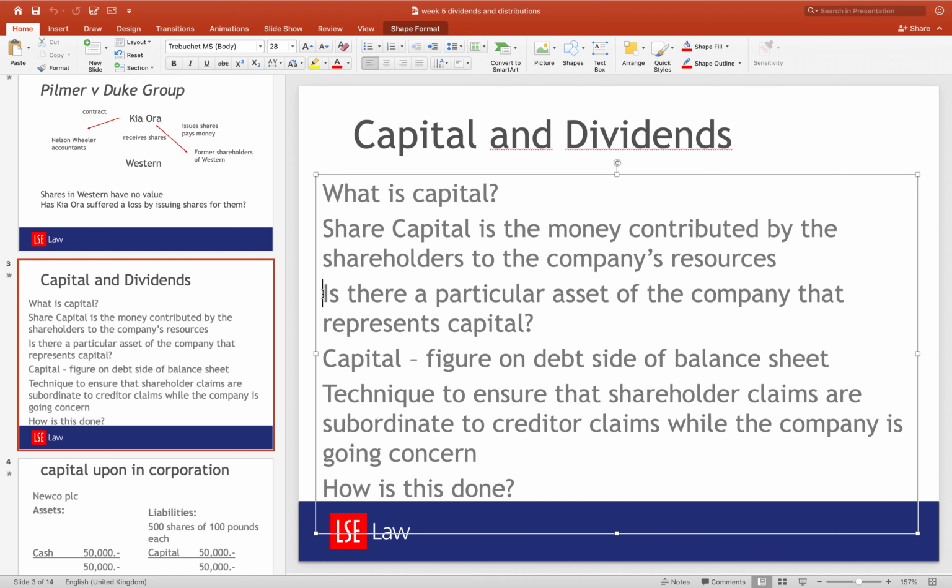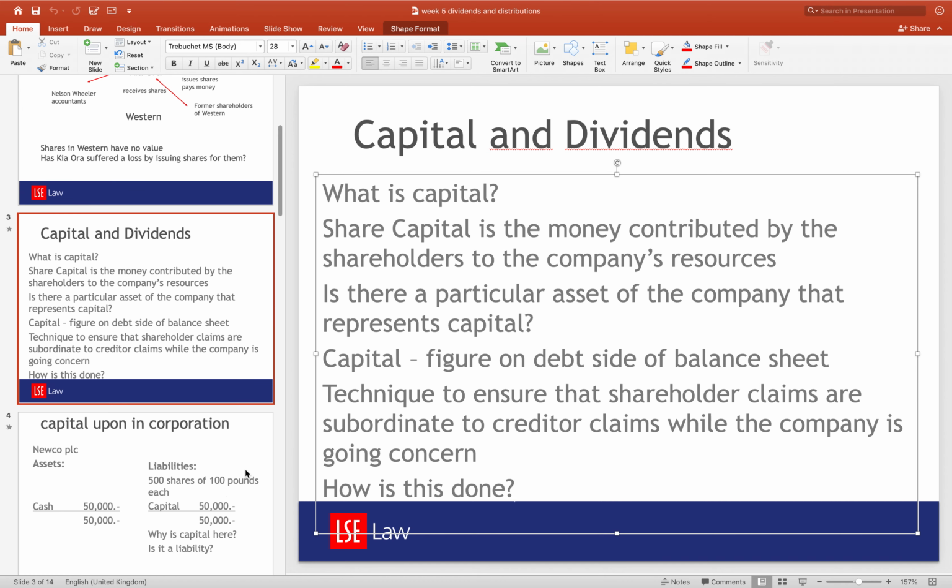It is therefore not an asset. It is just a figure on the balance sheet, and it's a technique designed to ensure that shareholder claims are ranked below the claims of creditors while the company is a going concern.